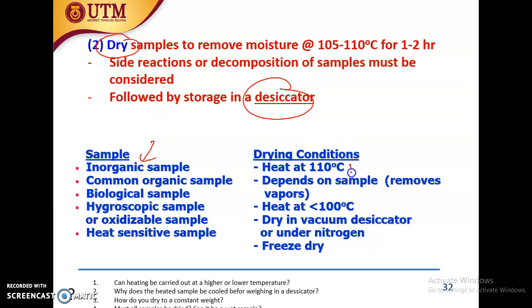So heating at 110 degrees C to remove H2O is okay. But what if you have biological sample? You can only dry in vacuum desiccator under nitrogen, because it will retain the organic biological aspect of it.